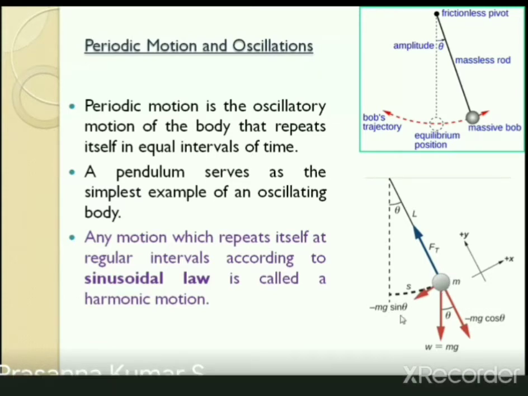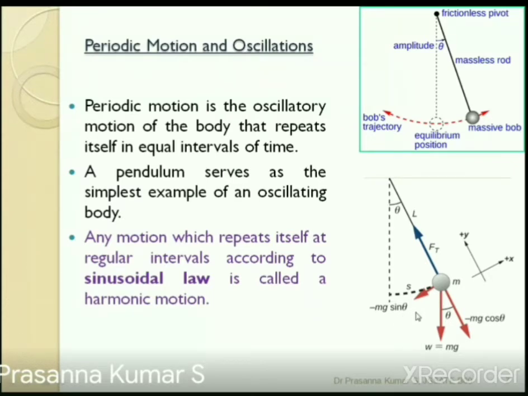You will see written mg sin theta, that is called the restoring force, and the other force due to the weight mg is mg cos theta. We'll understand this later. Right now, this is a pendulum whose string length is L, theta is the angular displacement, and there are two forces. One is the vertical component, mg cos theta, and the horizontal component is mg sin theta. This mg sin theta is defined as the restoring force.